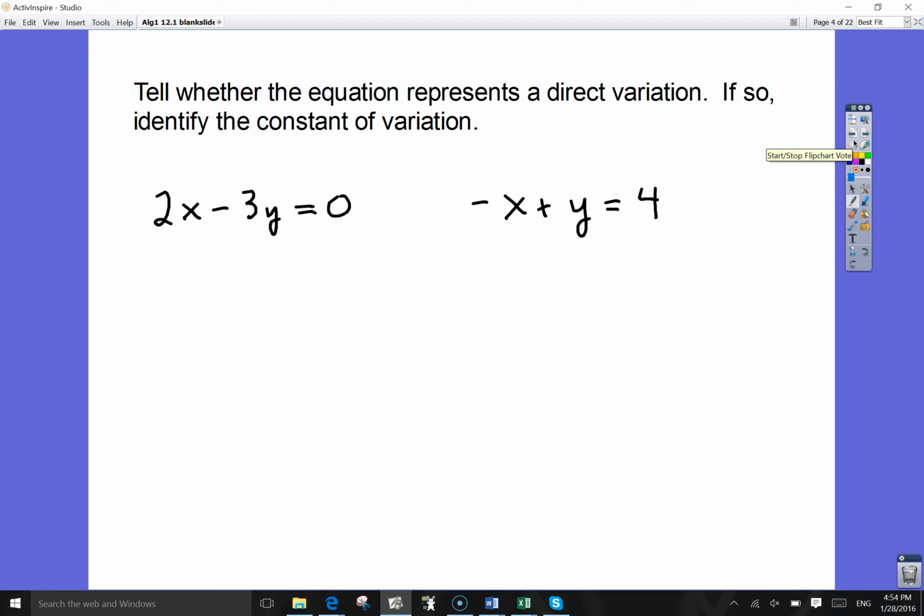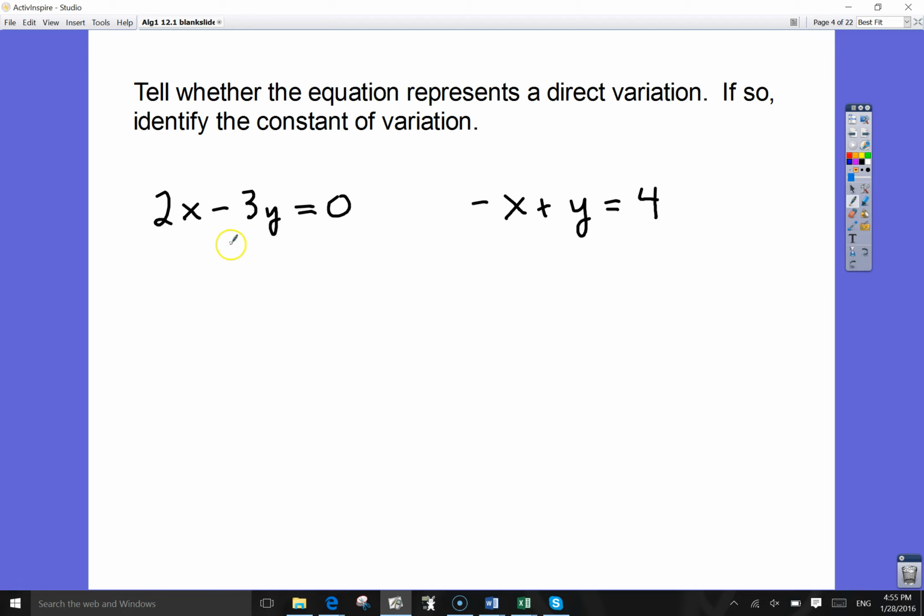Well, like we said, if it is a direct variation, then the y-intercept is 0, meaning there is no term after that. So if we put these equations into slope-intercept form, if there is no b, then it's a direct variation.